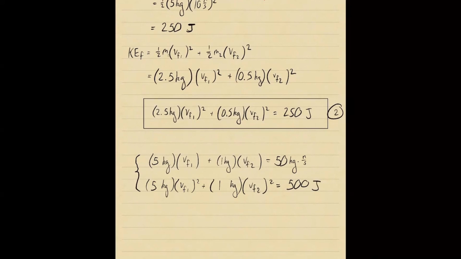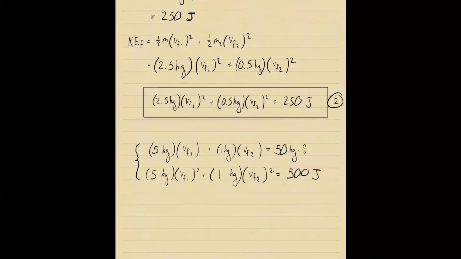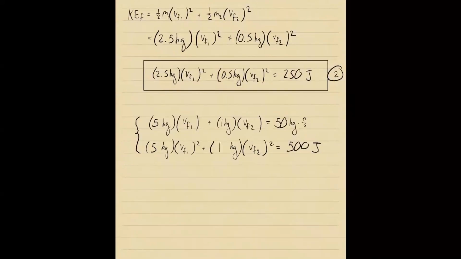Okay. Now what we can do is we can solve equation 1 for, let's say, V2. So if I subtract off this term from both sides, and I divide both sides by 1 kilogram, we get that V2, this is from equation 1, right?